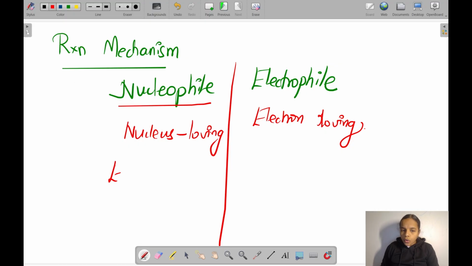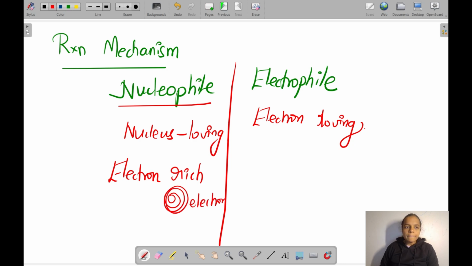We all know opposites attract. When some entity is electron rich, it gets attracted to the positive charge of the nucleus or the positive charge carrying entity. It is electron rich. So it has a large cloud of electrons. So it is very electron rich.